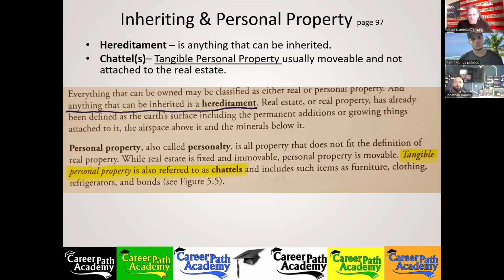It is tangible personal property that you could touch or feel. It's usually something that's movable and not attached to the real estate, like your furniture, your bedroom set, your clothing, right? These things are known as chattel, tangible personal property.